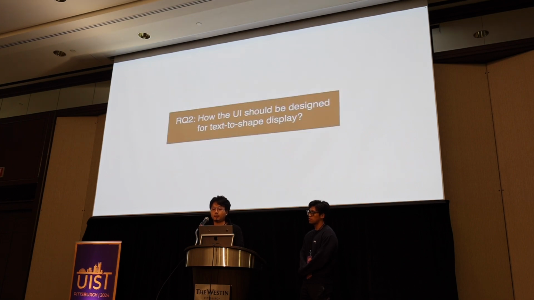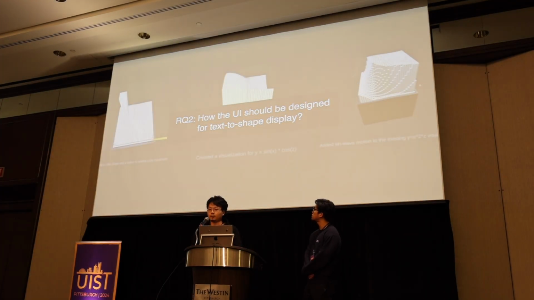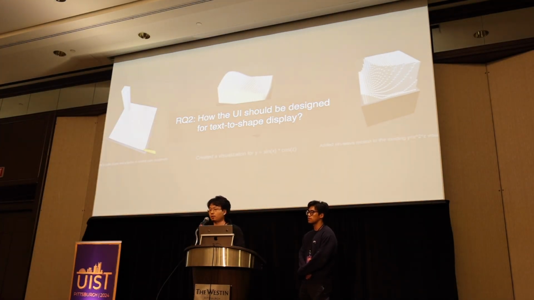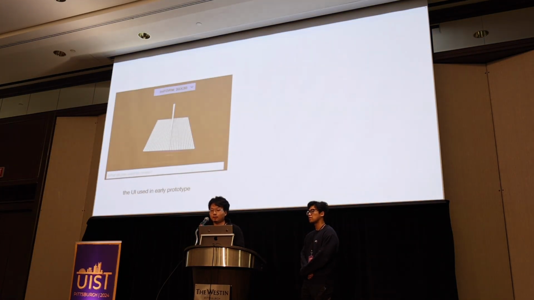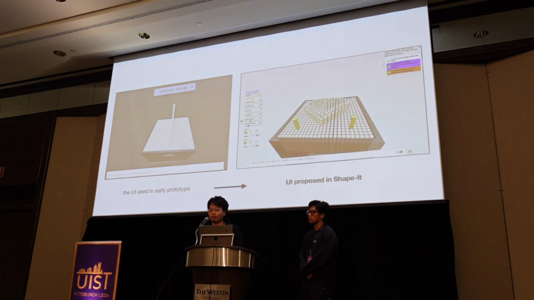Another question is, only through text input, how should we design the user interface? With an early prototype with GPT-4 and few-shot prompting, we conducted a pilot study with 10 participants to gain insights. We learned that just a text input box is not enough. More elements are needed for a better experience.